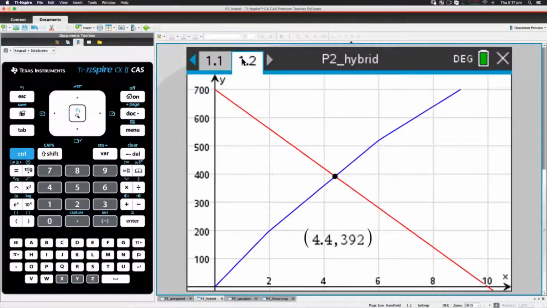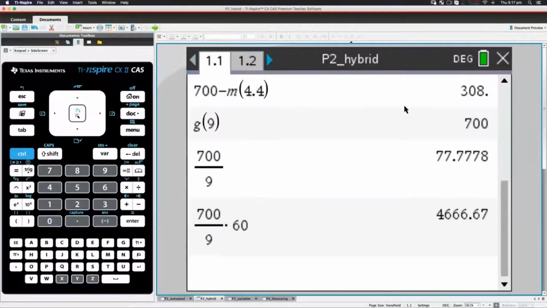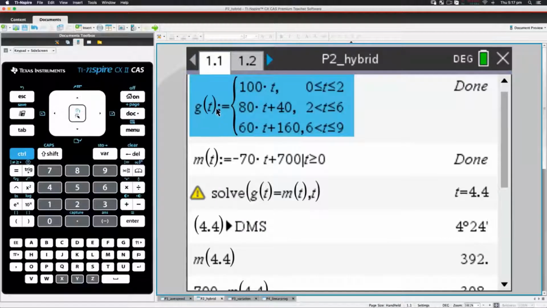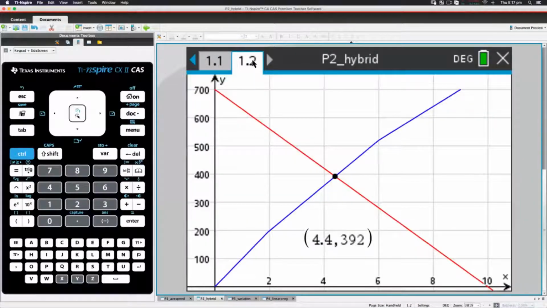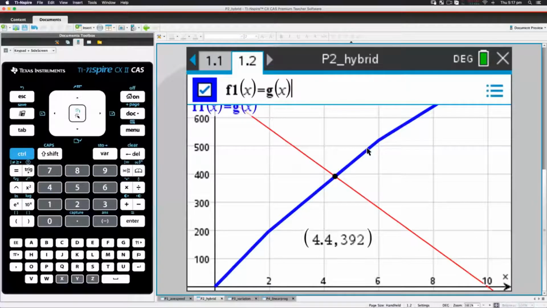Okay. Because we've defined the rules up here, we're able to graph them as well. And I'll just explain here. You'll notice we've said G of T here and M of T. So it'd be nice if we could just graph G of T and M of T. A restriction in the calculator is that when you're doing graphing, and I'll just double click here, can you see that it doesn't say G of T, it says G of X?